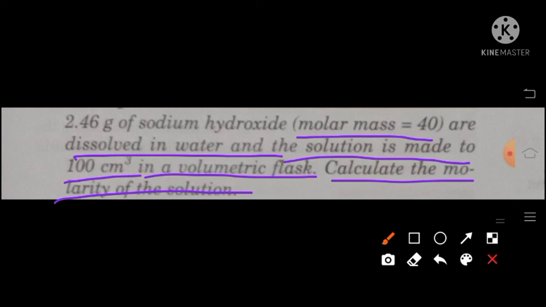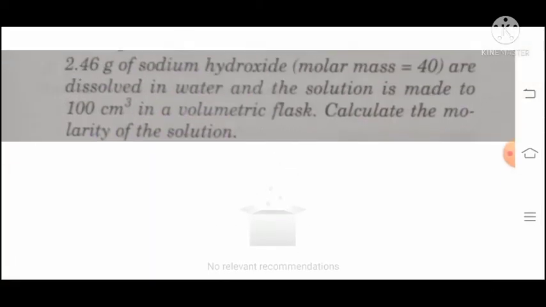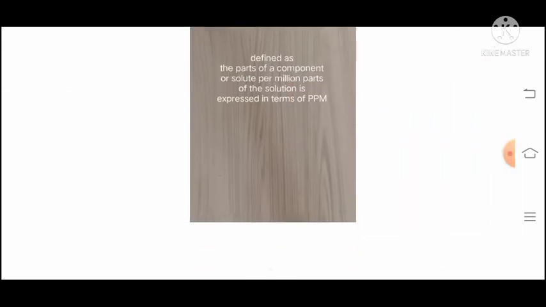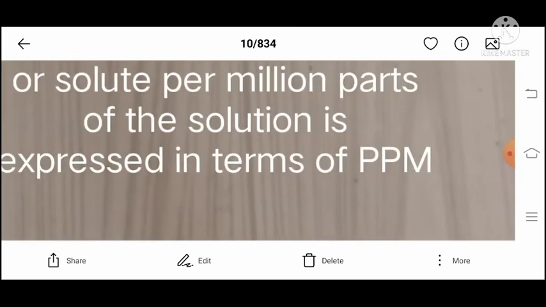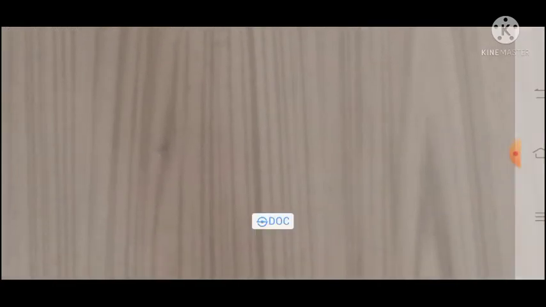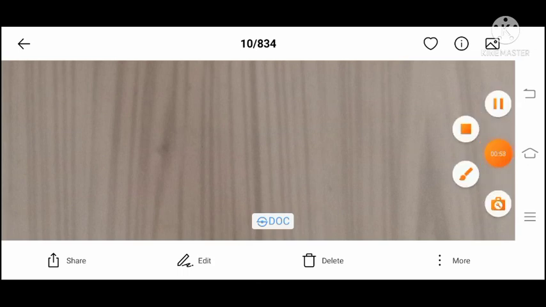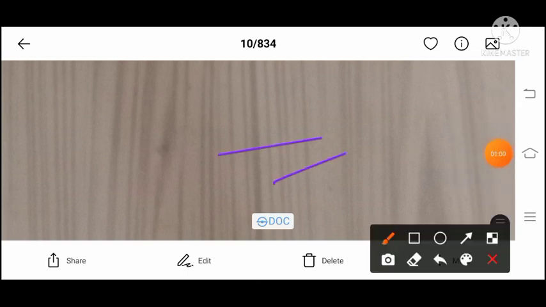First of all, we write the data which are given in the question. Small w, that is the weight of solute, is 2.46 gram.